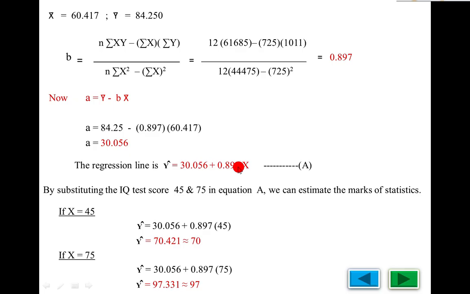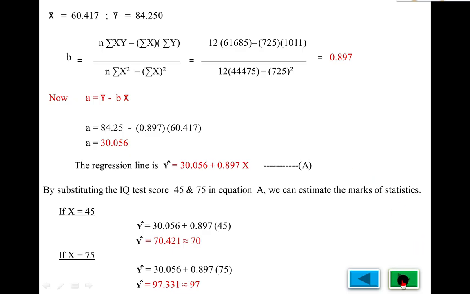If the graph is with one curve, we use the second degree equation, the quadratic equation, y equal to a plus bx plus cx square, and so on. We have a large number of models. We select the model first with the help of a scatter diagram, and then find the unknown values a, b, c, and so on, and then substitute in the general model for estimation.